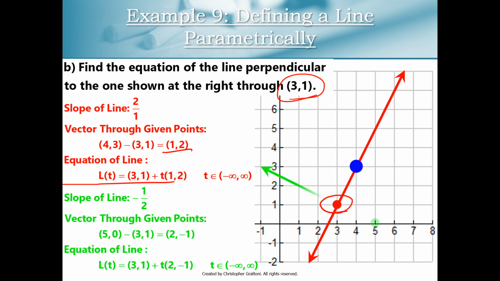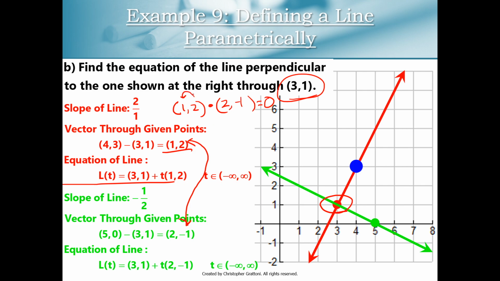But to find the perpendicular line, look at this. If the slope of the red line is (1, 2), then if we want these two lines to be perpendicular to each other, I need these to have a dot product of 0. Well, you can kind of do this in your head. If you do (2, -1), that'll do the trick.